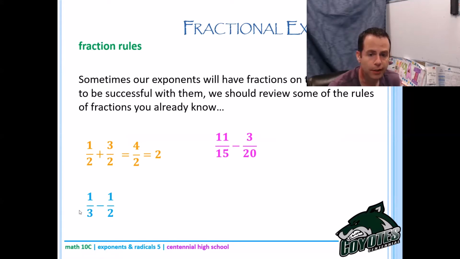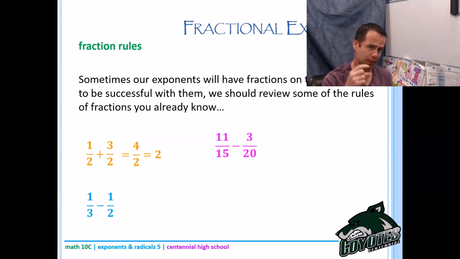So I would simplify that to just the whole number 2. If I looked down here, I don't have a common denominator. So the first thing I would need to do is get a common denominator. In this instance, it would be 6. So we would want to rewrite this statement with equivalent fractions that have a 6 on the bottom. Okay, so 1 over 3, I would write as 2 over 6. Remember, whatever you do to the bottom, you have to do to the top.